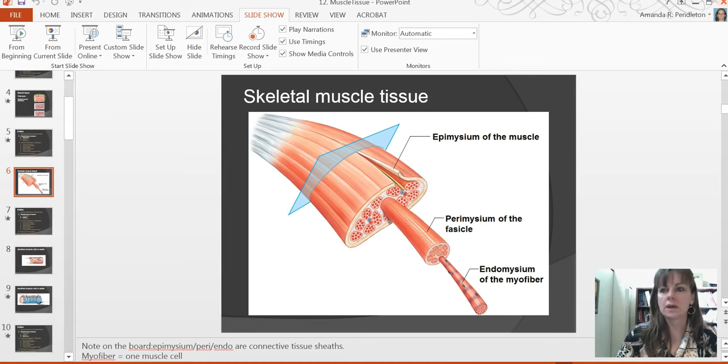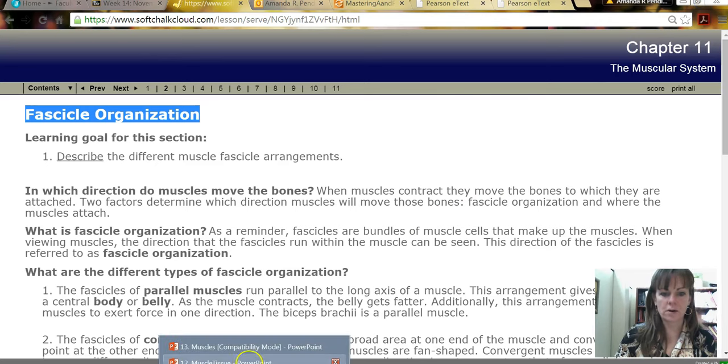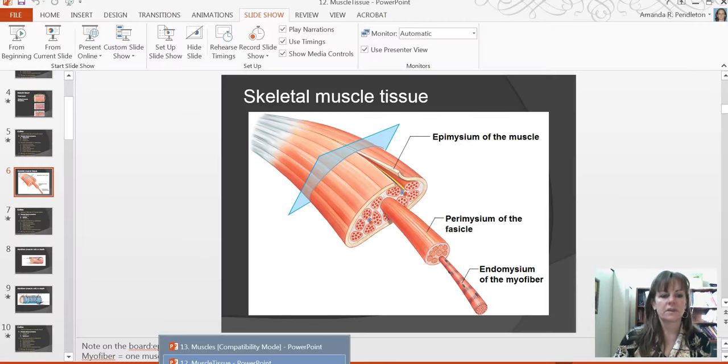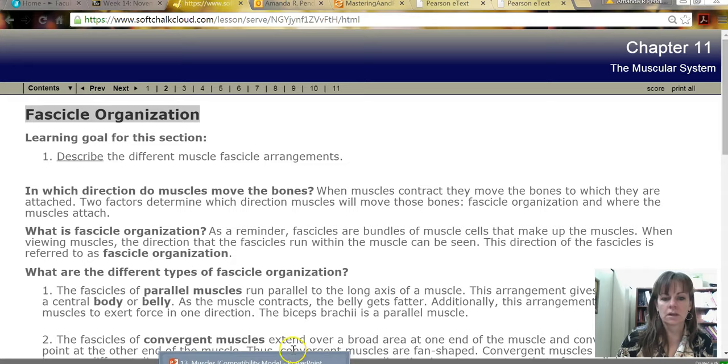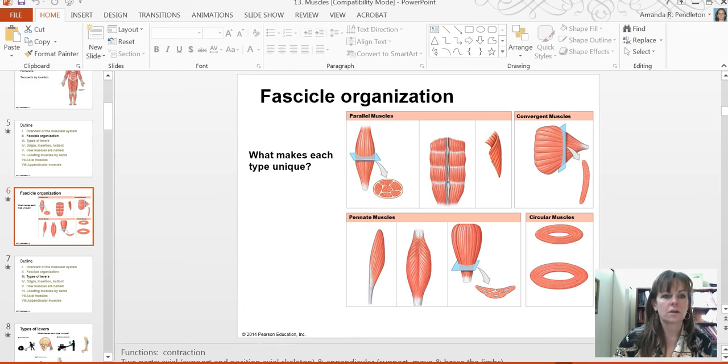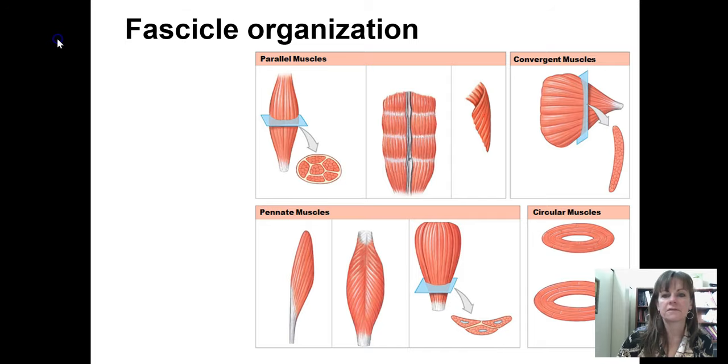And so let's move now to a PowerPoint showing some of these different arrangements. Okay, so this is showing some different fascicle organizations. And so this muscle right here, where it starts off broad, kind of like a fan, but it's all going in to one point, is called a convergent muscle.